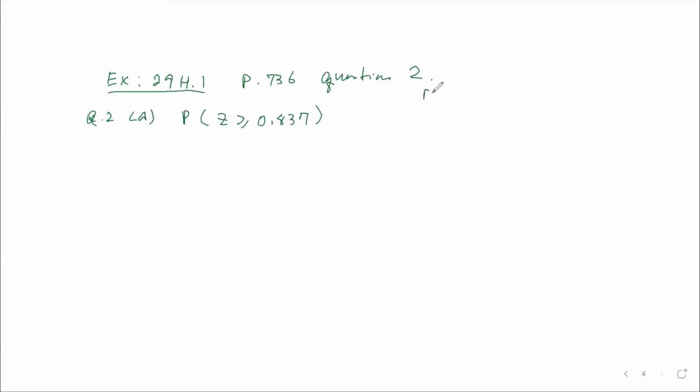Like the previous example, example 12, what you see on the top, P of less than 1.5, we have only 1 decimal point, but now it becomes 3 decimal points.